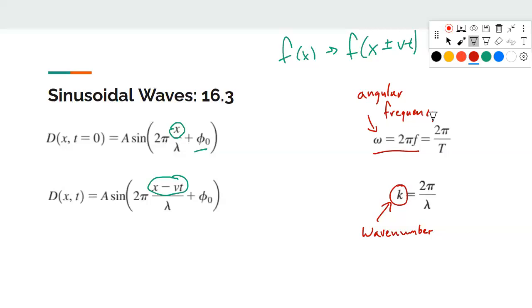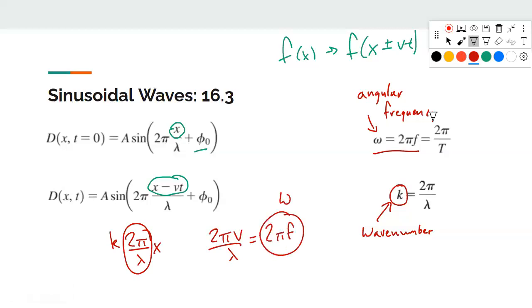But what you can see is that we have a 2 pi over lambda times x. So this thing is just our k. And then we have a 2 pi v over lambda. And remember, v over lambda is just f. So this thing is just our omega.